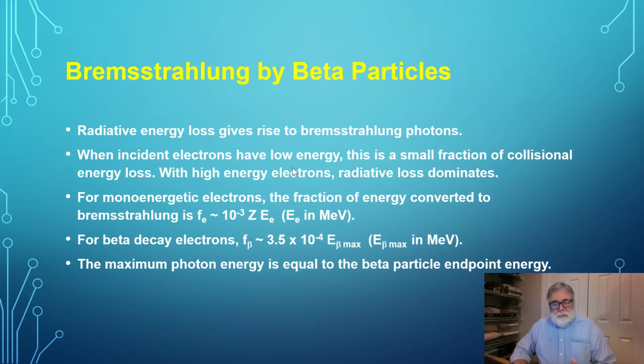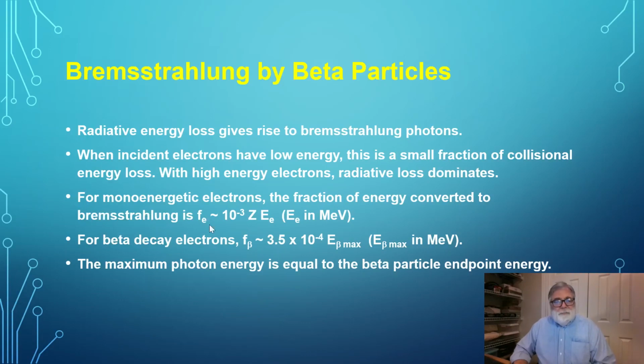I showed you the different graphs, and there were several orders of magnitude difference. The formula that relates those two for monoenergetic electrons is that the fraction of energy for electrons that goes into bremsstrahlung is about 10 to the minus 3 times Z times the energy of the electrons in MeV. Okay? It's a very close approximation to the fraction that's produced.